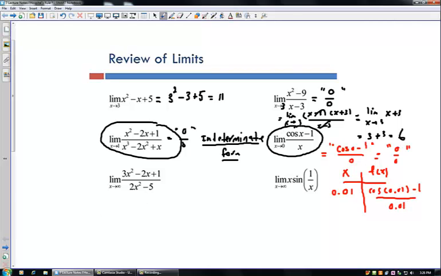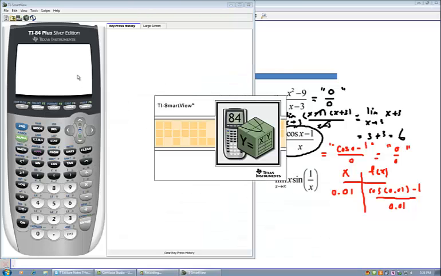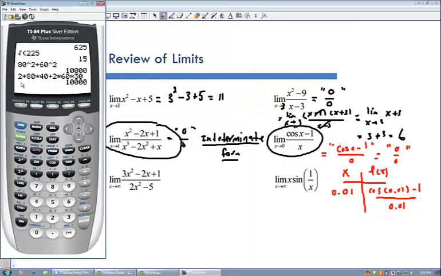And I can do this then with my calculator. So take out your calculator. All right, so I just take left parenthesis cosine of 0.01 minus 1 in parenthesis divided by 0.01 and see what I get out.